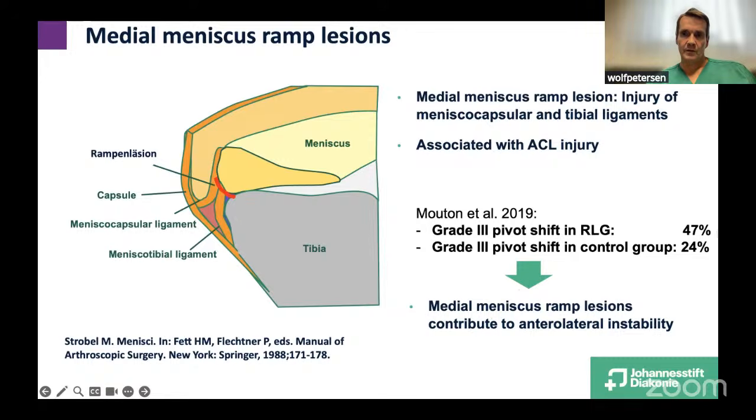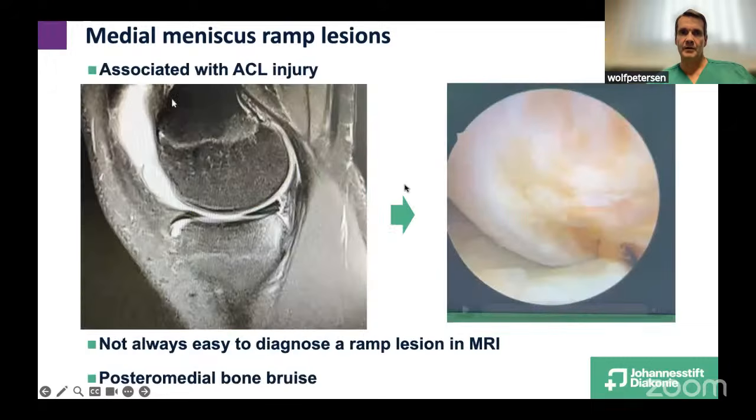So this is a clinical rationale to say that the medial meniscus ramp lesion contributes to anterolateral or anteromedial instability. How to diagnose a ramp lesion? The preoperative diagnosis is not so easy, because normally the ramp lesions are very difficult to detect.